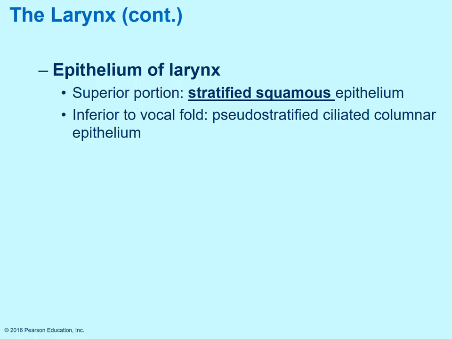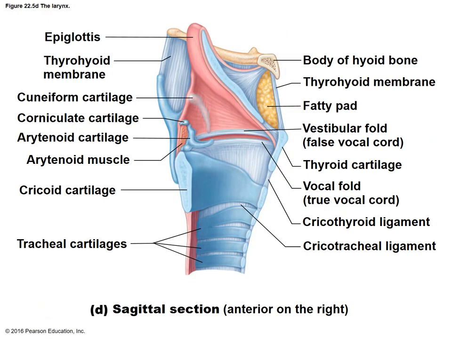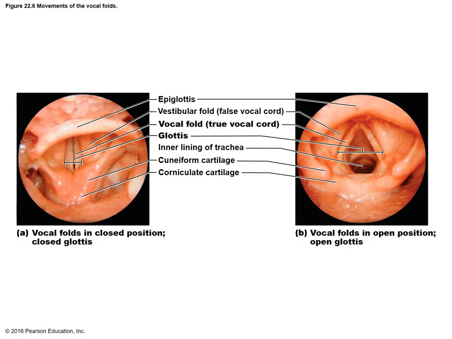This just talks as a review of the type of cells that form part of the larynx. As you can see here, a photograph of some of the cartilage, and the sagittal view as well. Here's a picture showing the vocal cords.